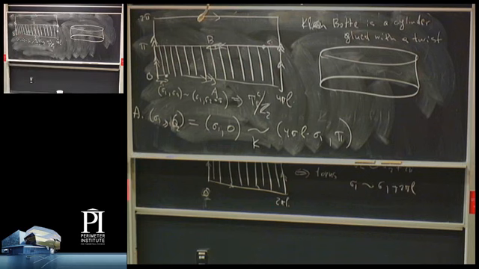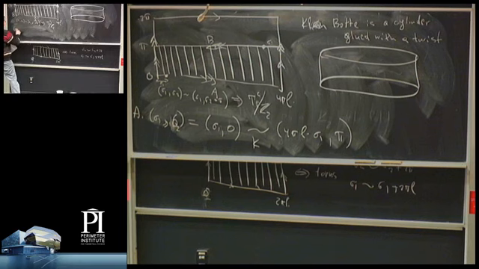That would be simply gluing this circle to the bottom circle. But that's not exactly what the Klein bottle identification is doing. So I have sigma 1 and I have sigma 2.